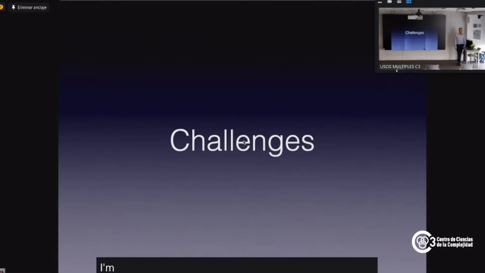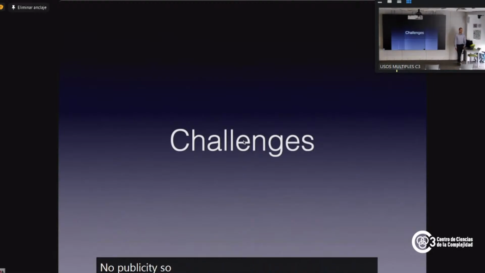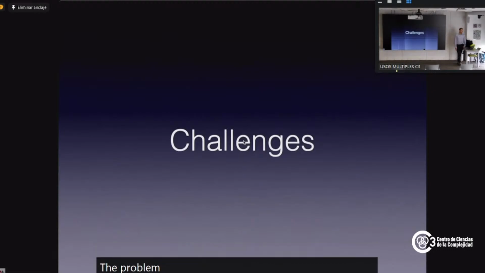Another challenge is how to develop a common language, not only between the so-called exact sciences and the social sciences, but also between the different sectors: academia, government, society, the private sector, and so on.